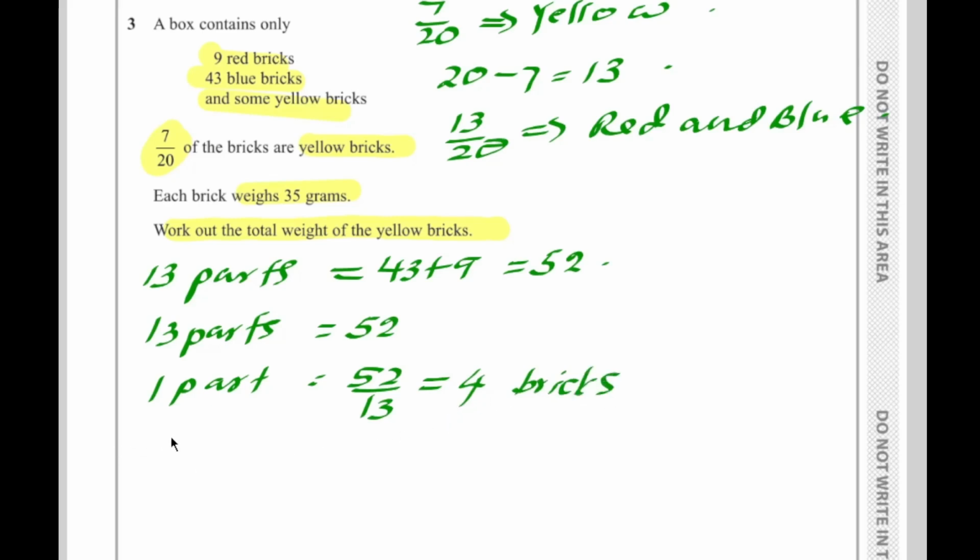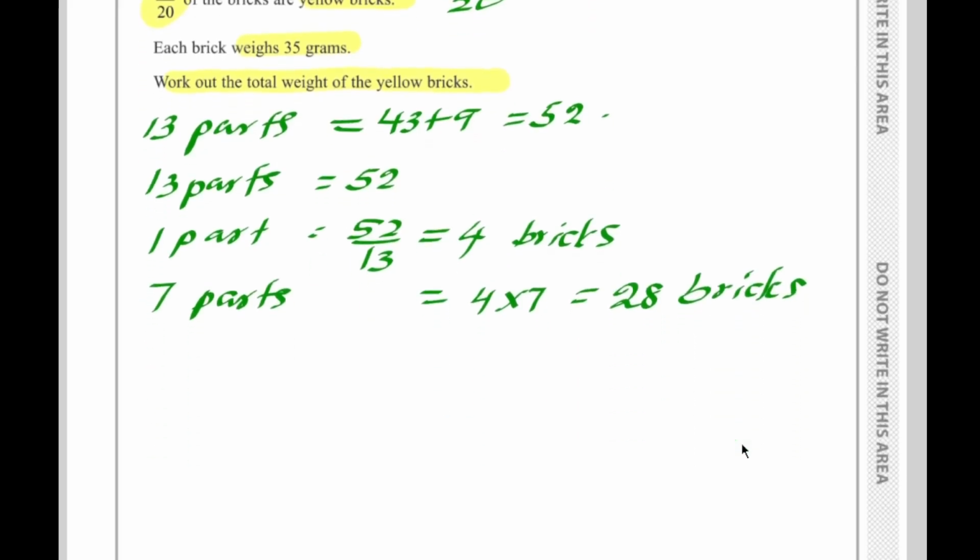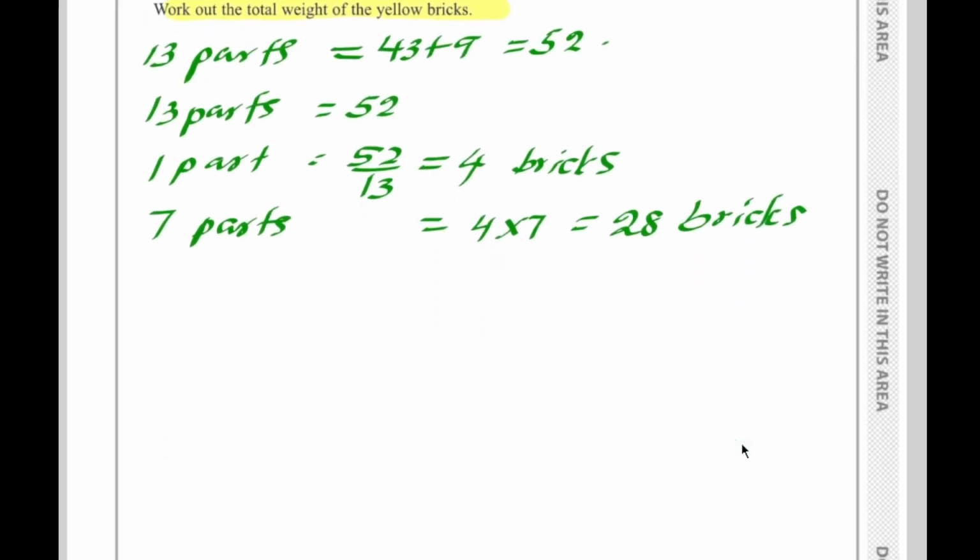Now, one part out of that 20 is 4 bricks. Then how many parts are there for the yellow? 7 parts. Then I have to get 7 parts. 7 parts represent 4 into 7, which becomes 28 bricks. Then how many yellow bricks are there? There are 28 yellow bricks. I know that each brick weighs 35 grams.